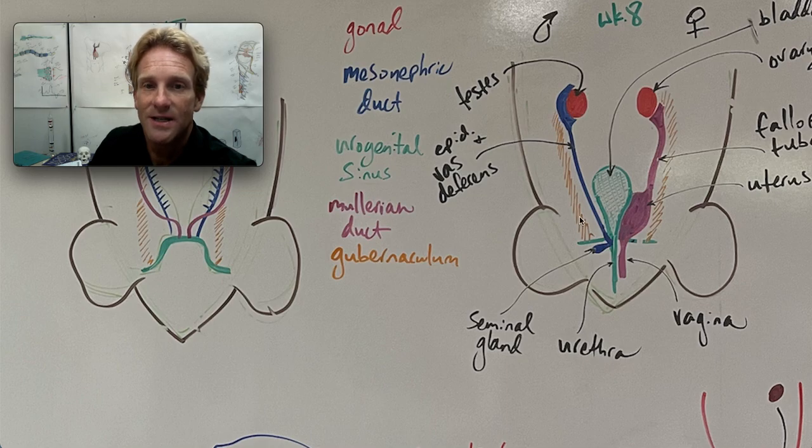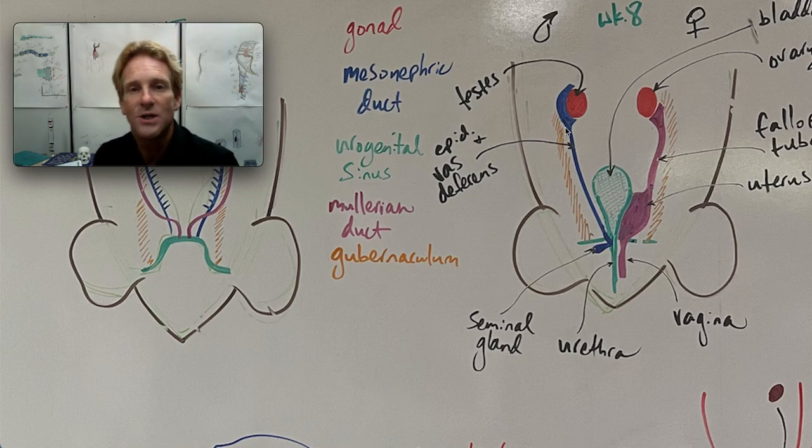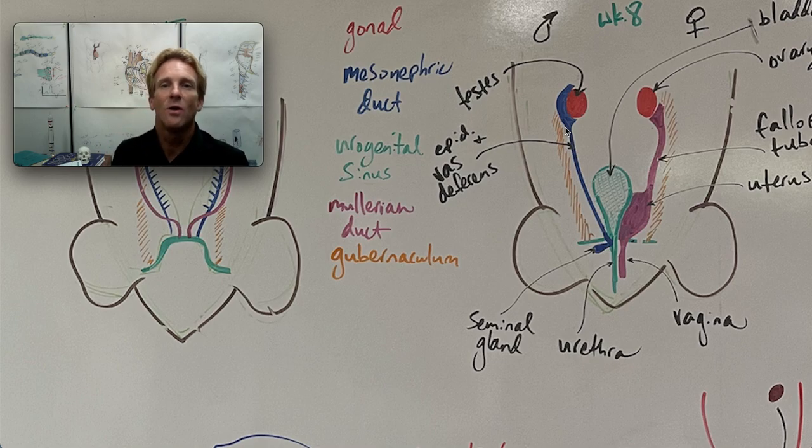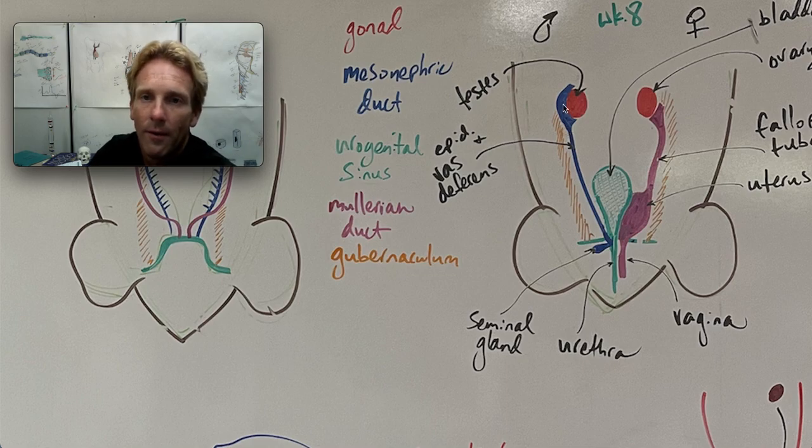It's still attached to this orange gubernaculum, and that gubernaculum is going to have a really important job of pulling the testicle downwards until ultimately it is pulled into the testicle, right, outside of the body. So the gubernaculum is responsible for pulling the testes caudally until it finally drops into place into the testicle by birth. Okay.